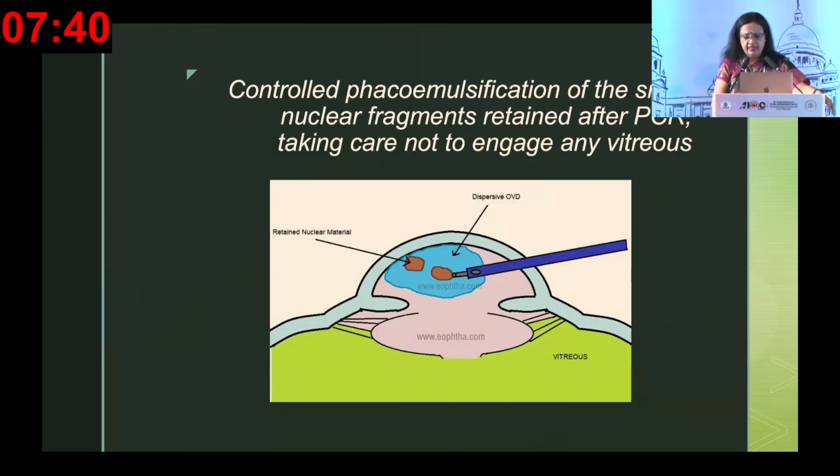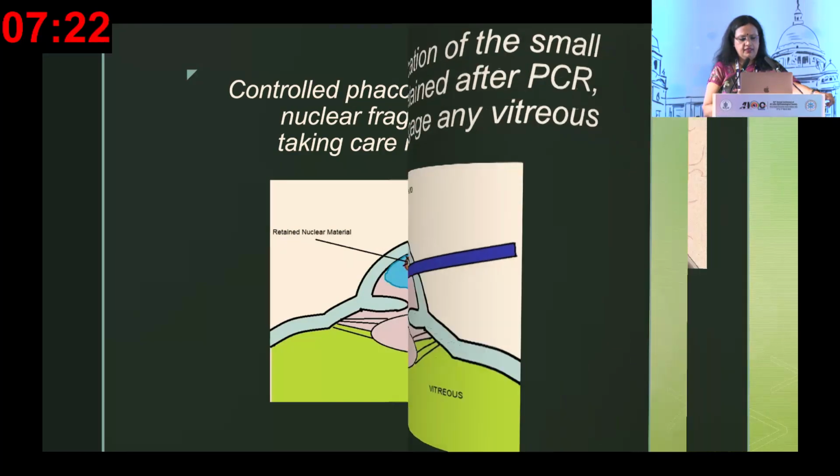You can do a controlled phacoemulsification with small nuclear fragments. If you are not comfortable with it, you can use viscoelastic to remove the small bits, because removing very small nuclear fragments can be very difficult, and sometimes they can fall in. So the most important thing is to plug the opening.